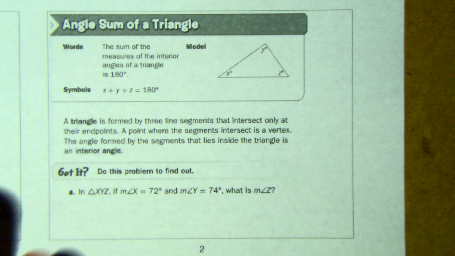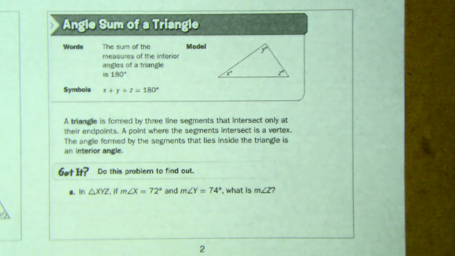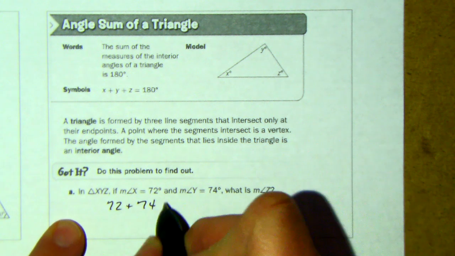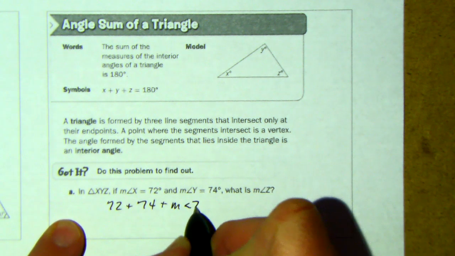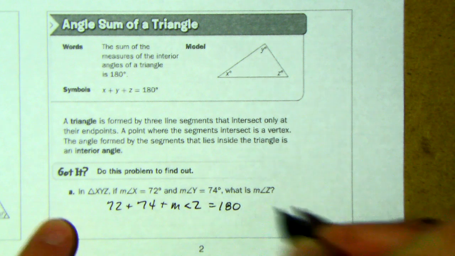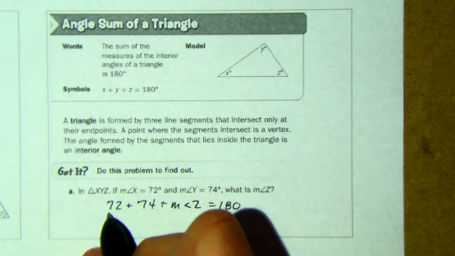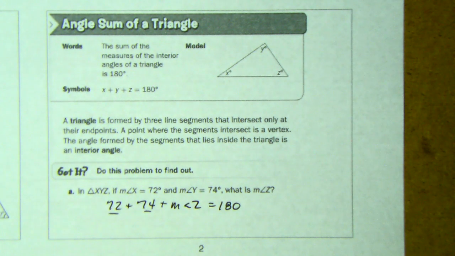Okay, so type of questions they will give you with this. We have triangle XYZ. If the measure of angle X is 72, measure of angle Y is 74, what's the measure of angle Z? I don't care how you do this. If you want to write it out, 72 plus 74 plus the measure of angle Z equals 180 degrees, you can. You don't have to. There's 2 things. You could add these 2 together first, which I usually do.